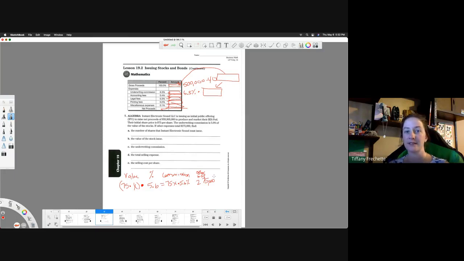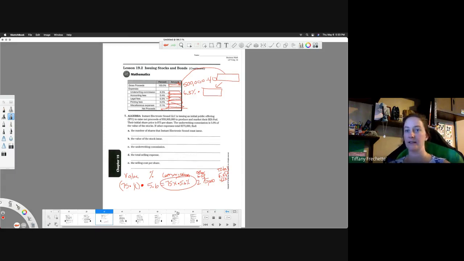So total selling expenses, if I multiply this piece, 75 times 5.6%, that gives me 4.2, 4.2x. So I just simplified that.